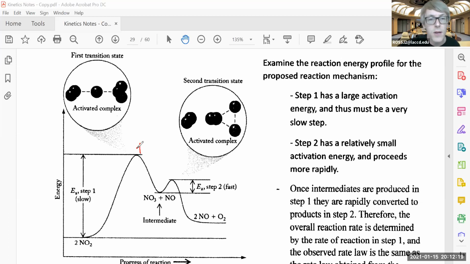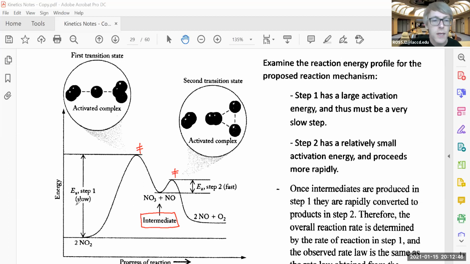We've got a transition state here, an activated complex. We've also got a second transition state or activated complex here. And these are non-isolatable transition states. And here we've got the intermediate. Now the intermediate is a saddle point, which would be stable, and you can isolate that.